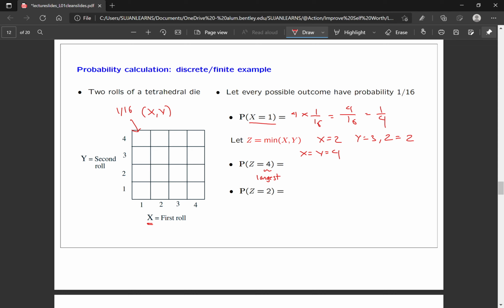So both have to be equal to 4. Since there is only one scenario where this can occur, it will be 1 by 16.